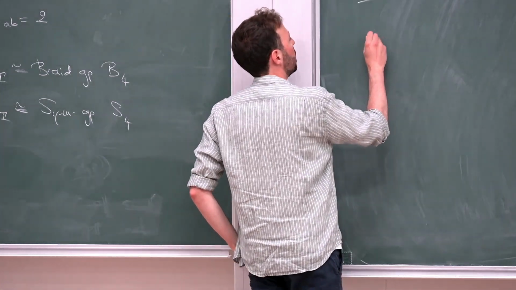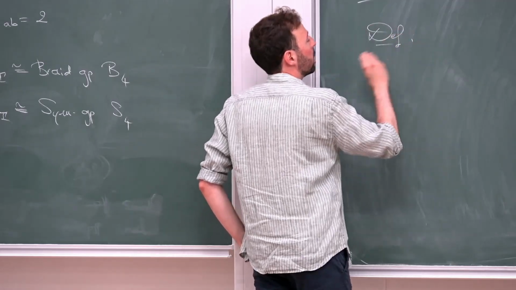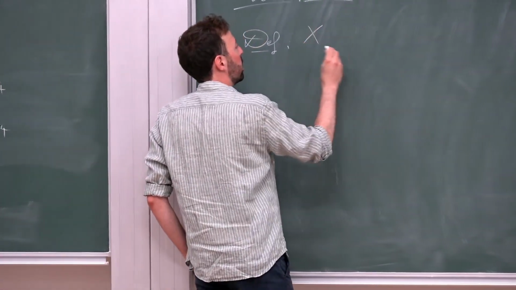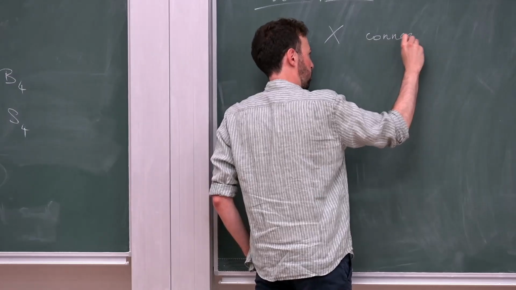Definition. Let's say that X is a connected graph.